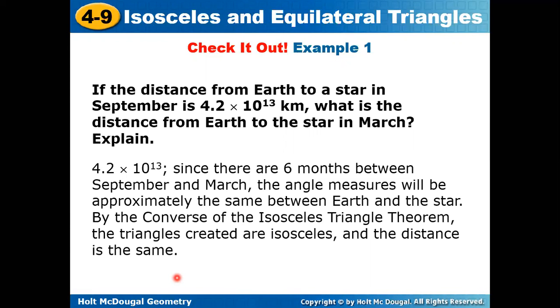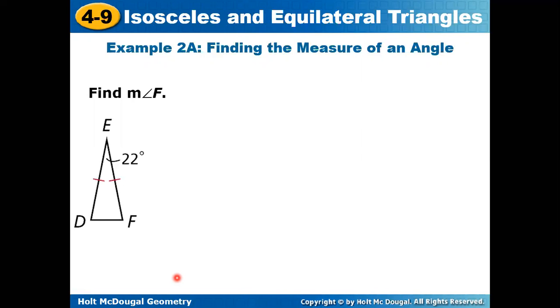The distance will be the same since there are 6 months between September and March, and the angle measures will be approximately the same between Earth and the star by the converse of the isosceles triangle theorem. The triangles created are isosceles and the distance is the same. This checks out. Okay, let's see example 2.